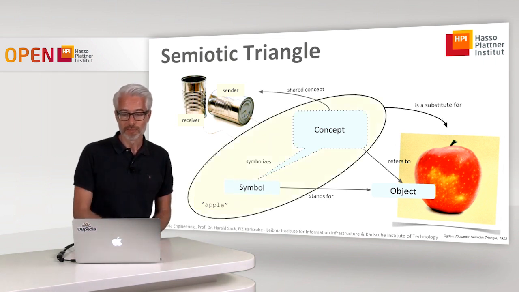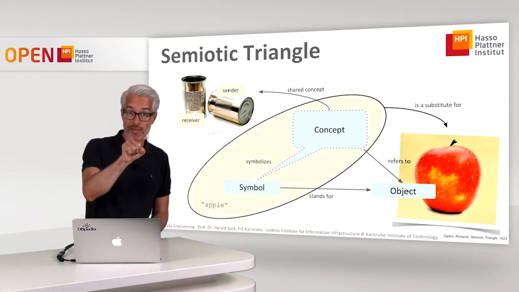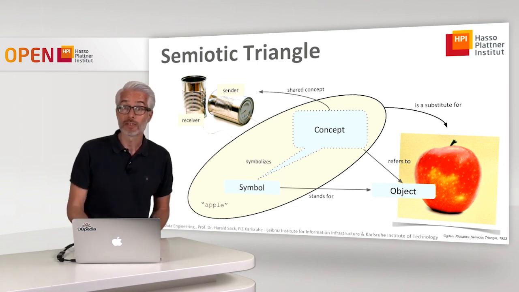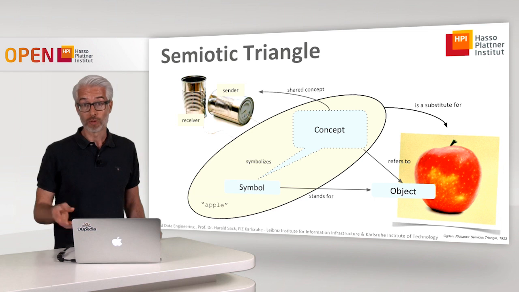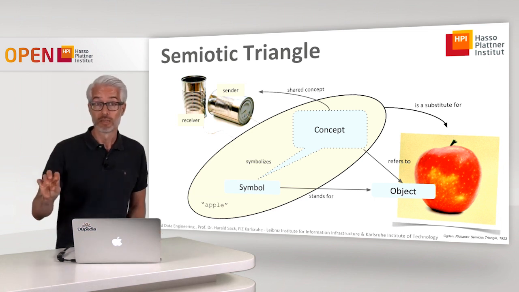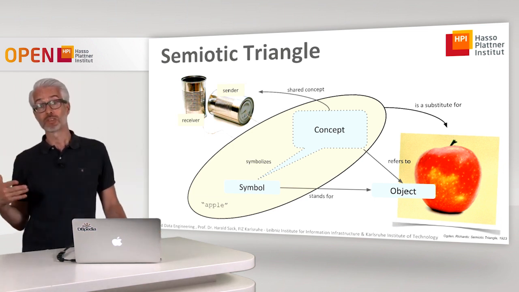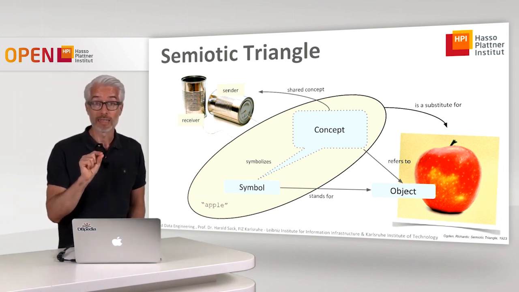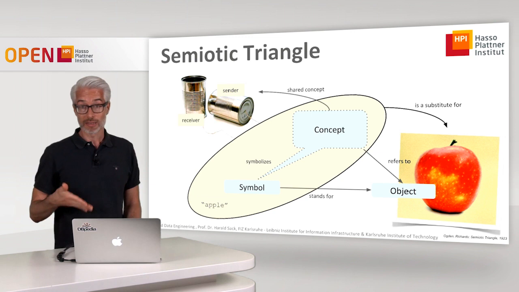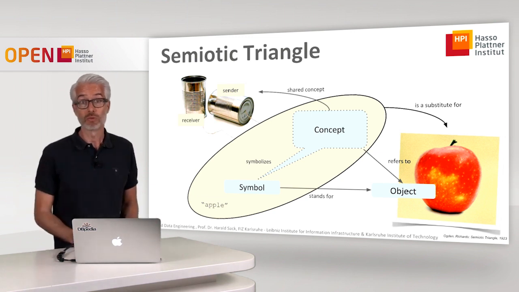The point is, either the symbol or the concept, both can act as a substitute for an object in the real world. And our mind is trained to use these substitutes as if they were the objects in the real world. This is really significant.